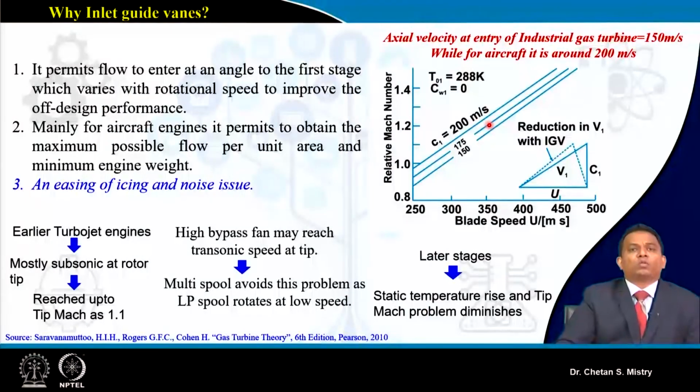Now in order to understand the reasons why we are going with inlet guide vanes: in earlier designs, mainly for turbojet engines, as we were discussing, those compressor rotors were mainly subsonic rotors, and they tried not to let the rotor reach the transonic range, reaching up to a tip Mach number of around 1.1.